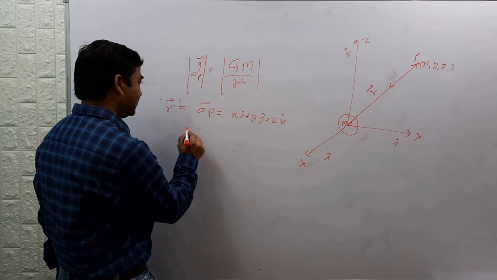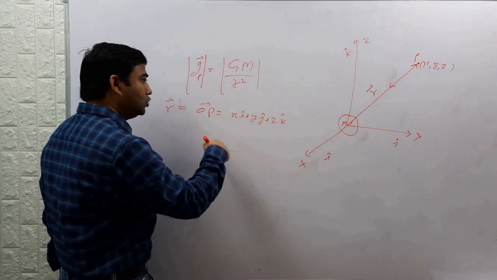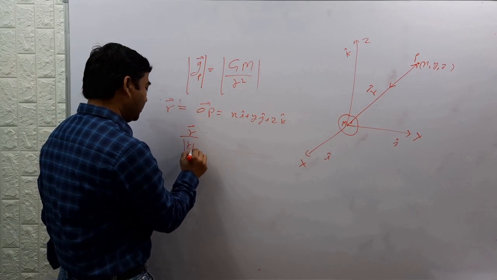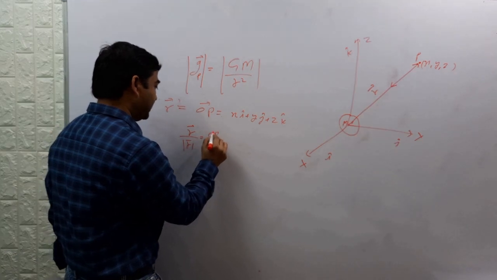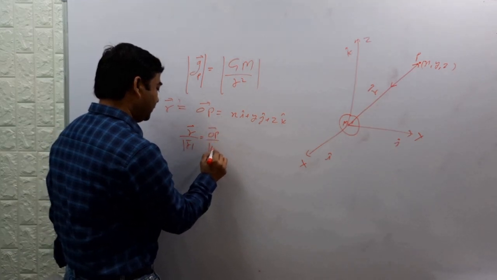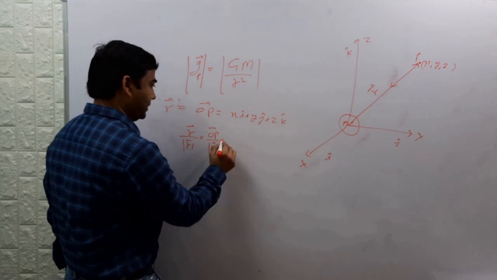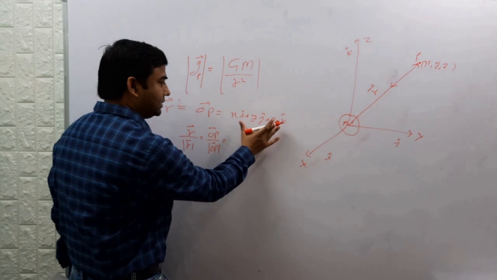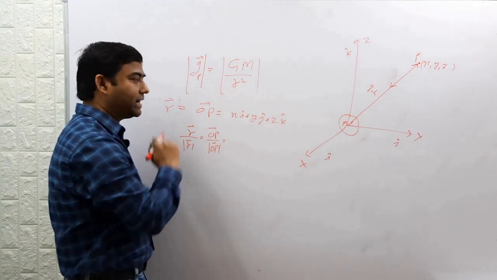Similarly, the unit vector r divided by mod of r can be written as OP by mod of OP, that is, the vector divided by its magnitude.